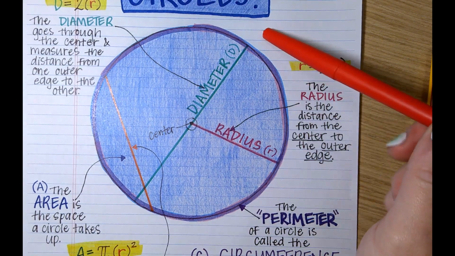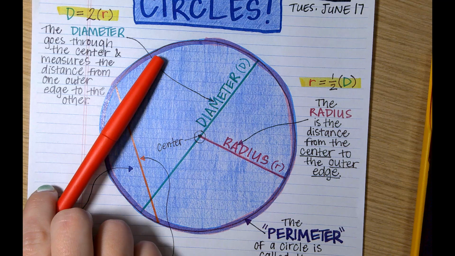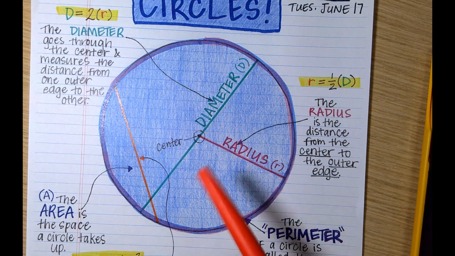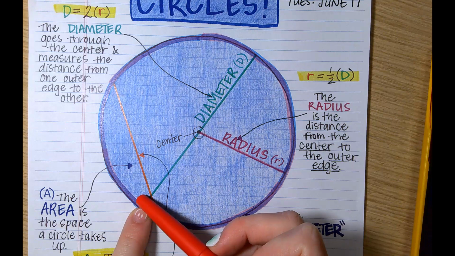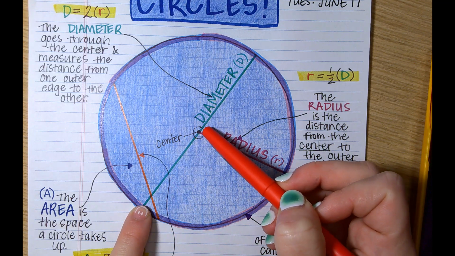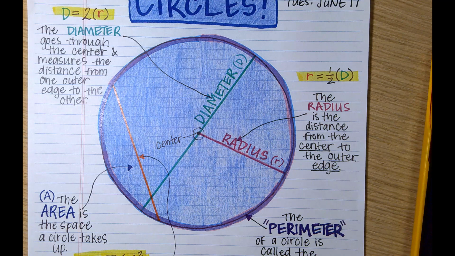Now, the other measurement we'll be messing with is called the diameter. Now, the diameter goes from one end of the circle through the center to the other end. It basically measures the width, or like the height of the circle.